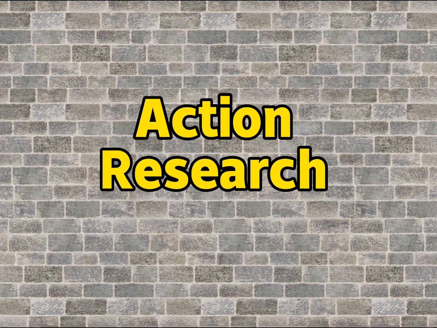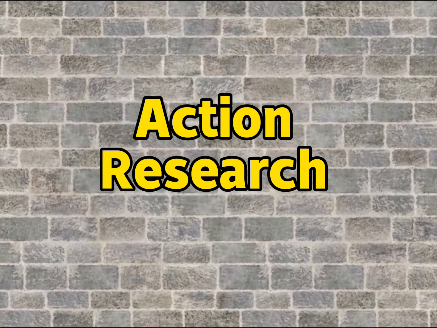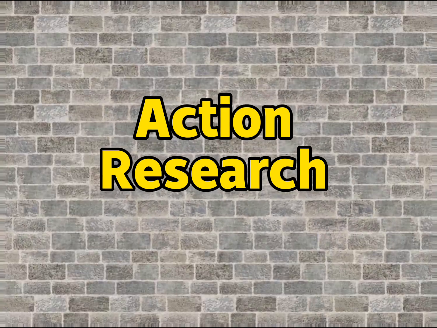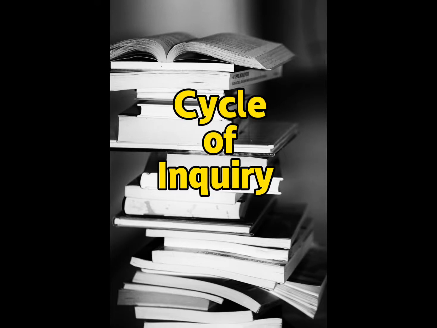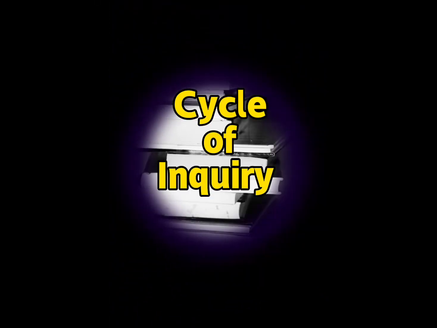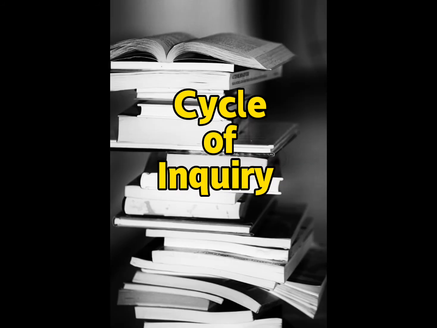Action research refers to that type of applied research in which a specific problem is identified, studied, and then a practical solution is provided by the researcher. Therefore, action research may also be called a cycle of inquiry or a cycle of action because it follows a predefined process that is repeated over time.